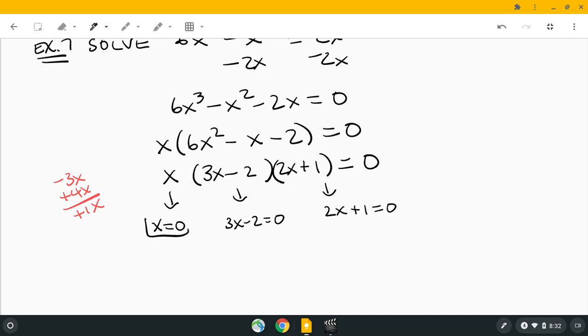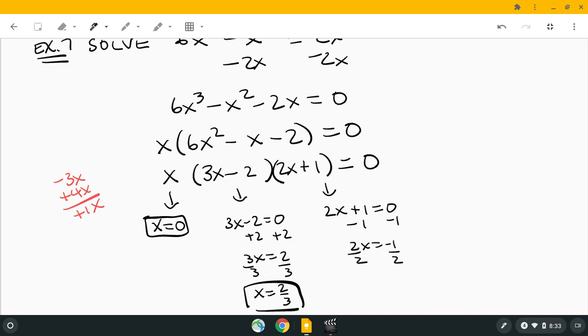There's no work on this one. We're done. But this one, add 2, divide by 3, x equals 2/3. This one, subtract 1, divide by 2, x equals negative 1/2.